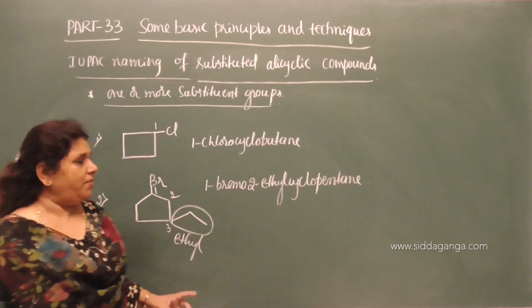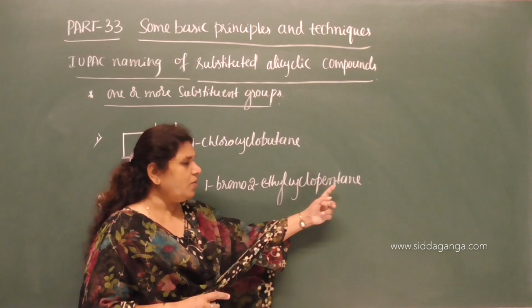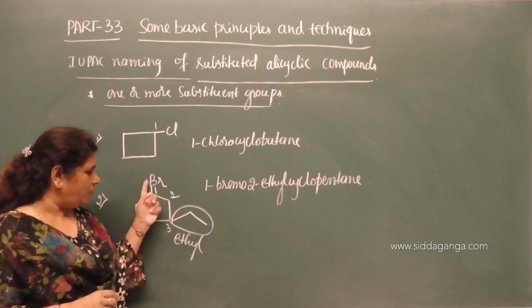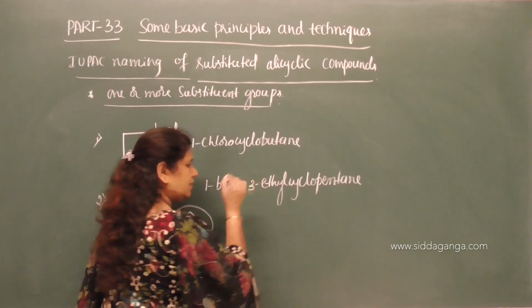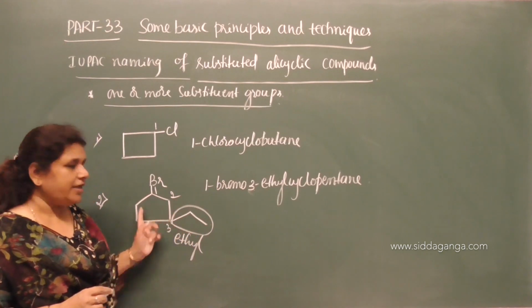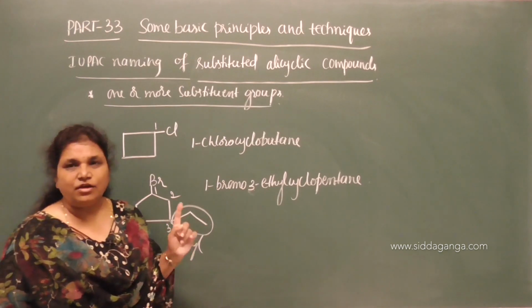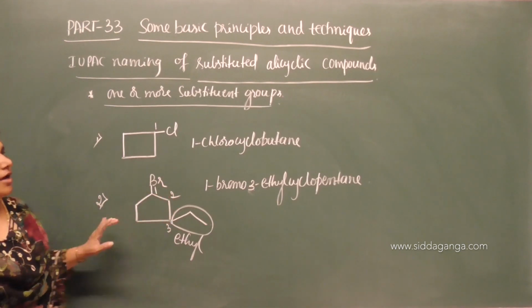So, what is the name? 1-bromo-2-ethylcyclopentane. So this is the first rule while naming the substituted alicyclic compound.